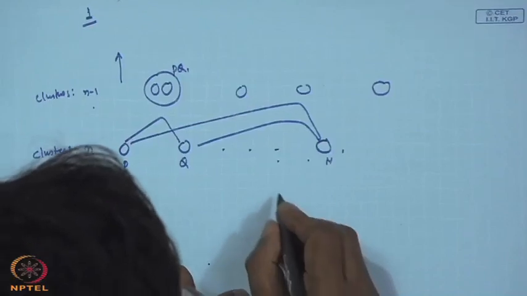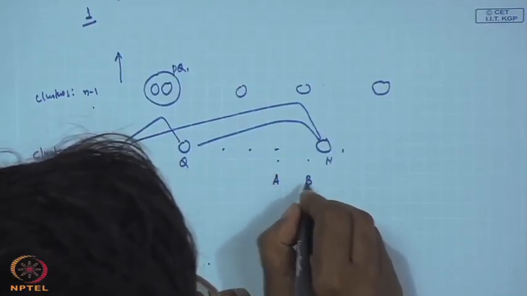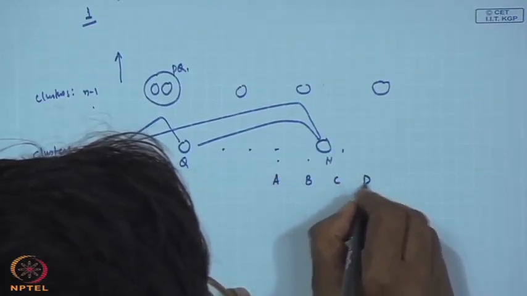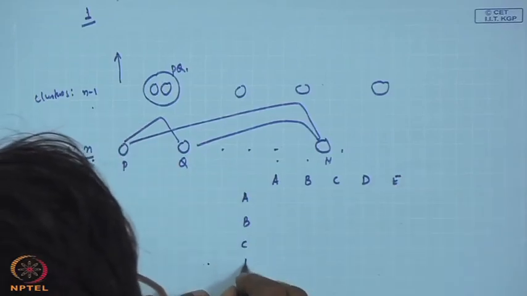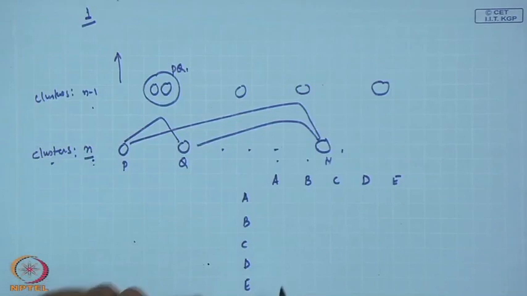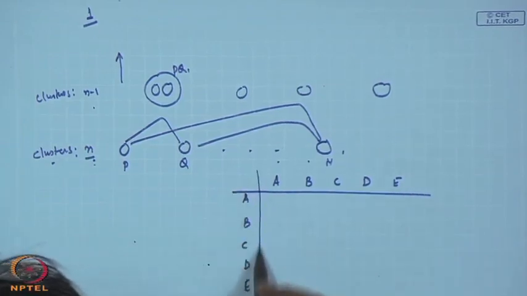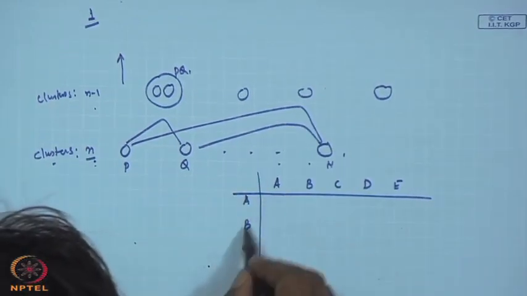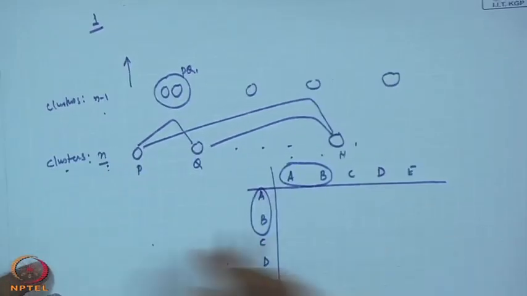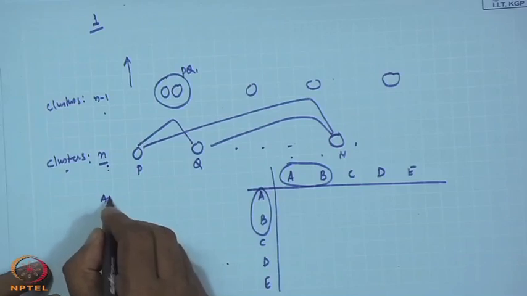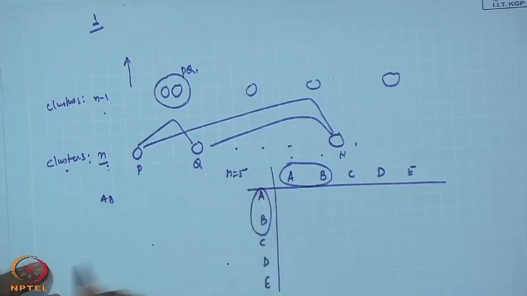Basically, if I have 5 items, and you find out that A, B are most similar at the first level, with the distance being less, then your number of clusters, initially n equal to 5, changes.